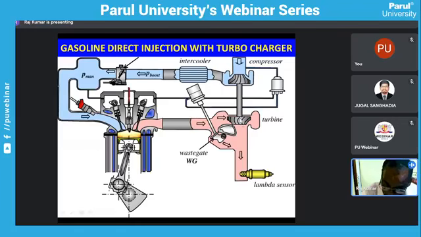Now, this turbine, when the engine runs, the exhaust valve opens, the exhaust gas is coming out through this. The exhaust gas will push this turbine, and the turbine will use the energy from the exhaust gases. Rather, the turbocharger will run with the help of exhaust gases.